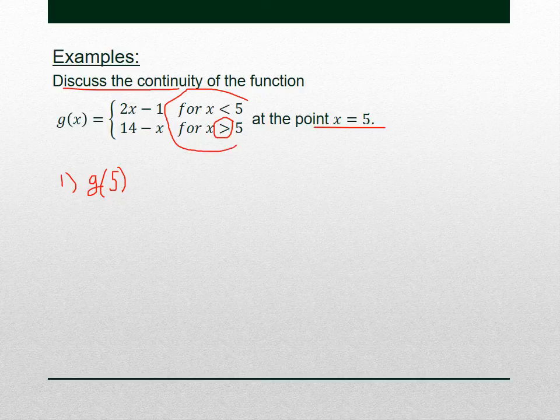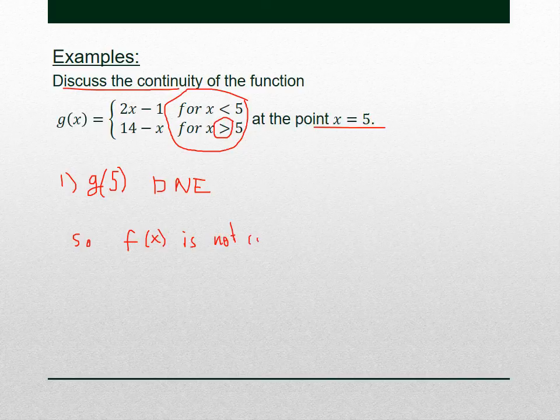Anyway, can we plug 5 in? Well, there's nothing over here that says what to do for x equals 5. So that means that g of 5 does not exist. And that means that this function is not continuous. And if it fails any one of these 3 steps for continuity, it is automatically not continuous. So the function is not continuous at x equals 5.